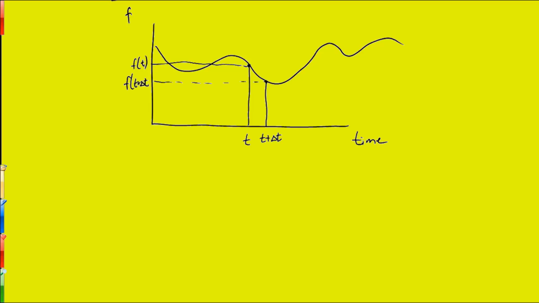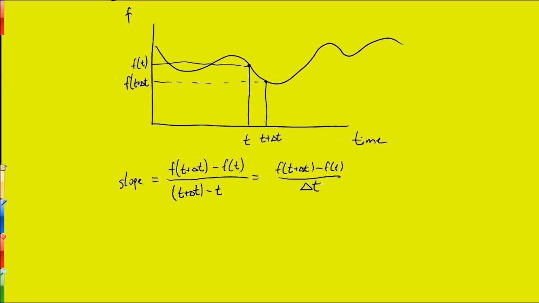And what you did is you said that the derivative of this curve is equivalent to the slope. We can find the slope by rise over run, so the slope is equal to f at t plus delta t minus f at t, divided by the time difference, t plus delta t minus t, so that's just f at t plus delta t minus f at t over delta t.